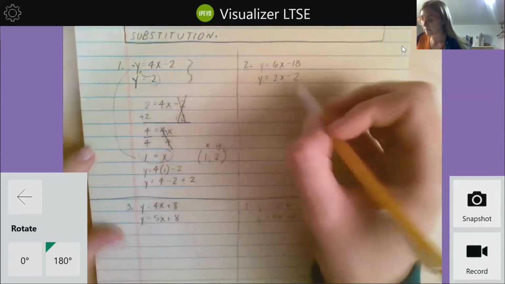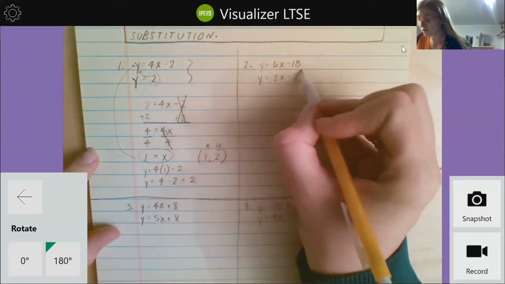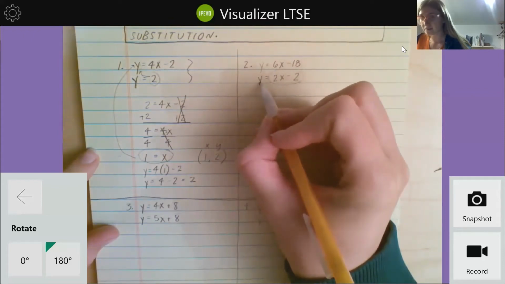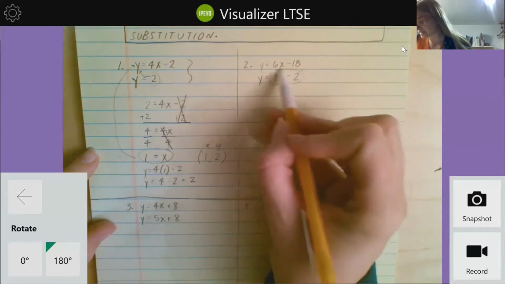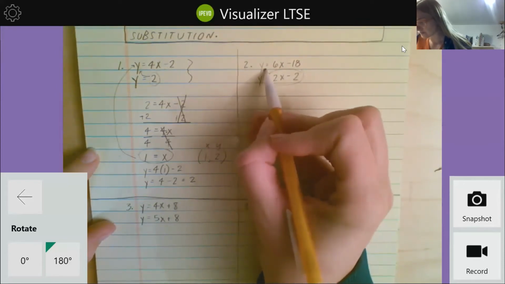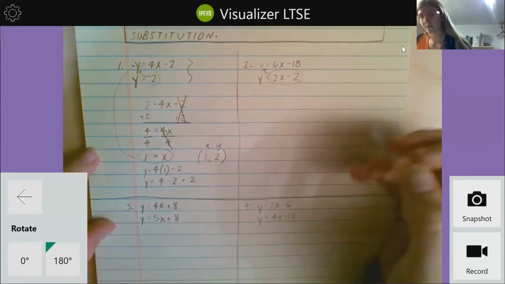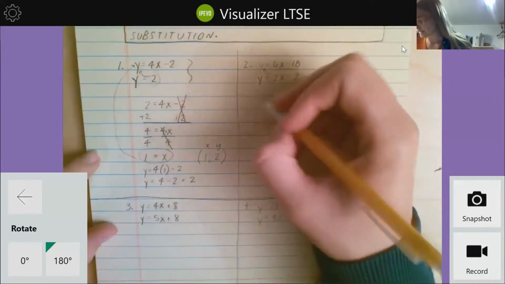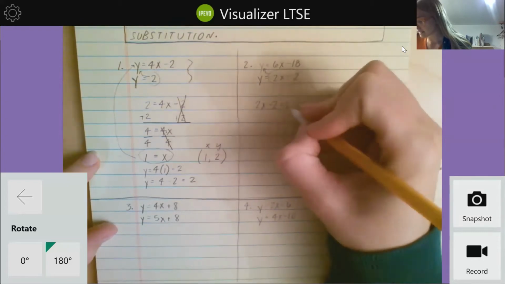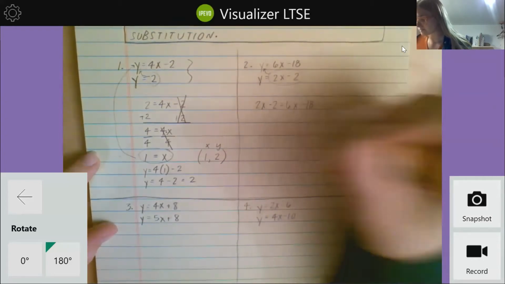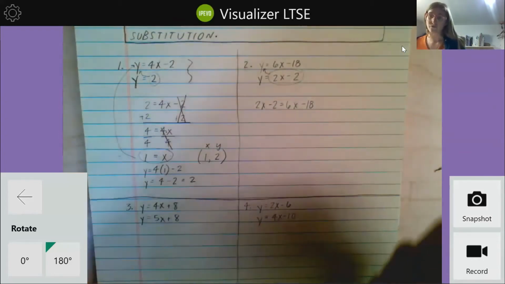So what I'm going to do is take this value for y. So we see y equals 2x minus 2. So I can plug that in for y. So then I get 2x minus 2 equals 6x minus 18. And now I want to solve for x.